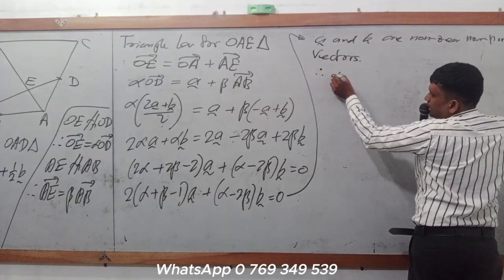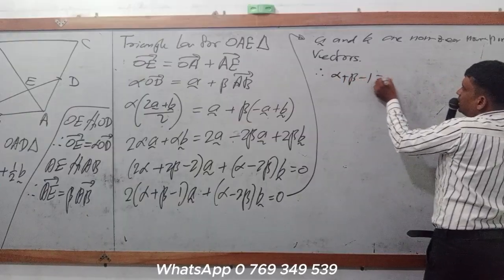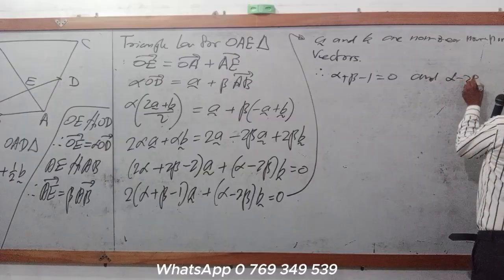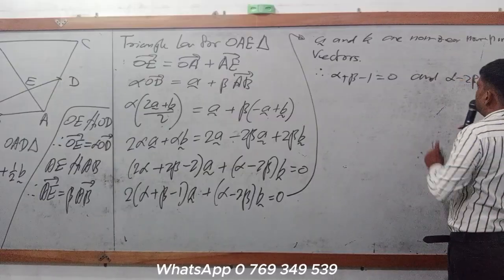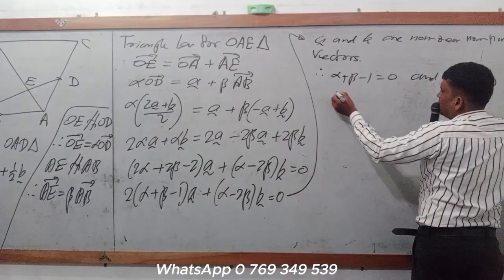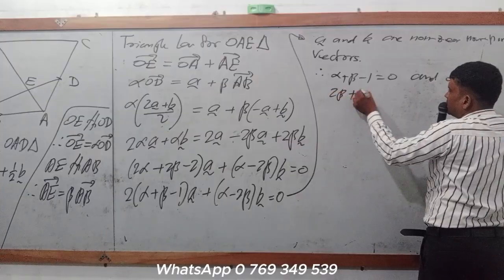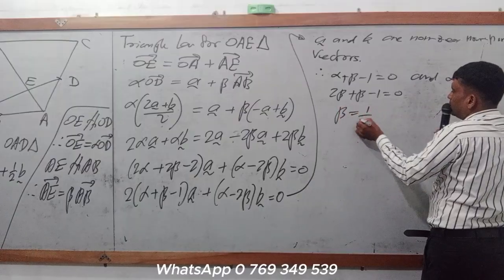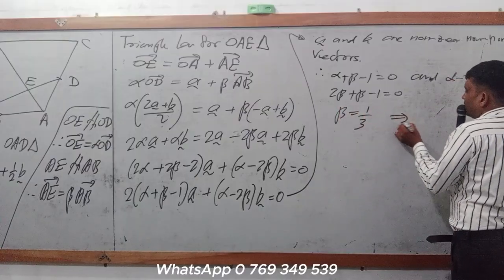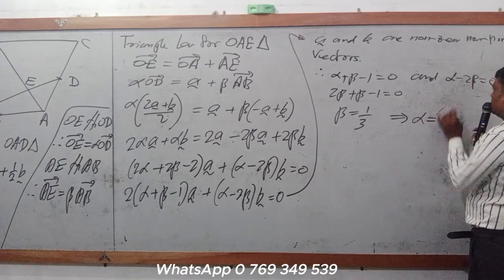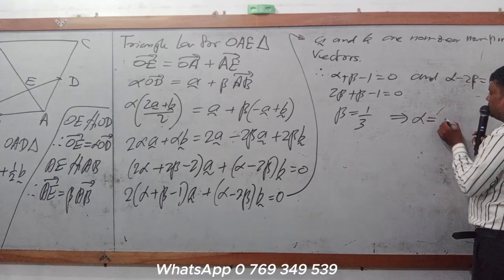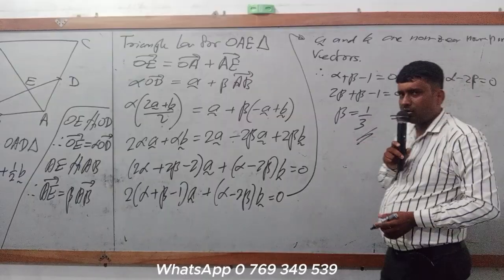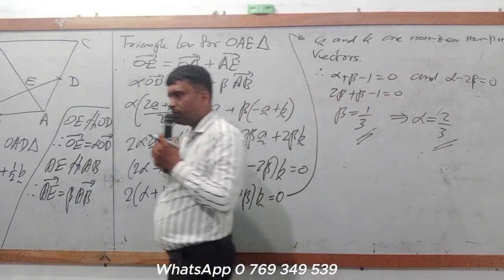Therefore alpha plus beta minus 1 equals 0 and alpha minus 2 beta equals 0. Now alpha is 2 beta, so 2 beta plus beta minus 1 equals 0. Therefore beta equals 1 over 3, and alpha equals 2 over 3. Finish, right?